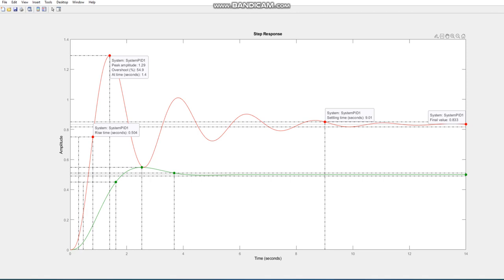The red line is the P graph. The rise time of the P is 0.505, and the overshoot is 55% at time 1.4 seconds. The last one is the steady state, and the settling time is 9.01.